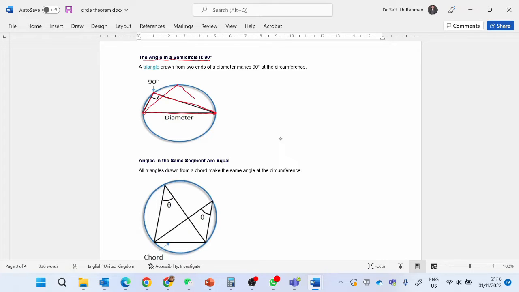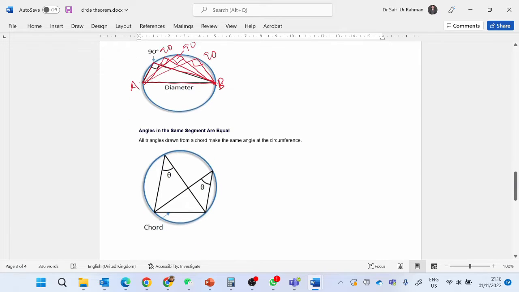If A and B are the endpoints of the diameter on the circumference, any angle that originates from these two points and touches the circumference will always be a 90-degree angle. It can be like this, again 90 degrees, or like this, again 90 degrees. So all these angles are 90 degrees.